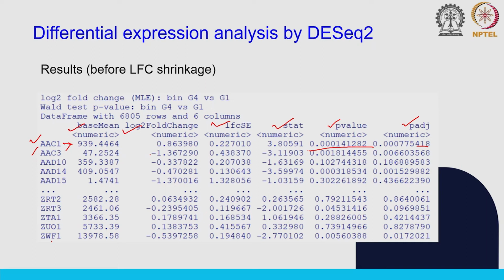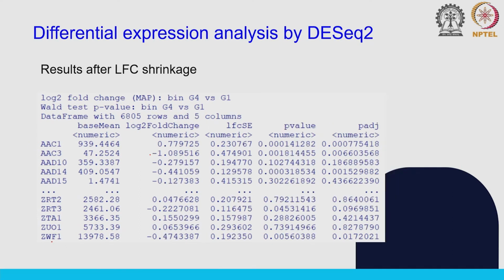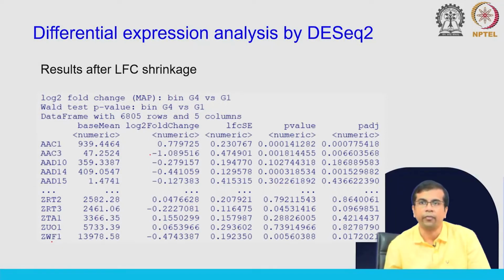So, we have these results for all genes, and this is before LFC shrinkage. I have talked about LFC shrinkage and why we need to do that, and this is the result after LFC shrinkage. Here the statistic column is gone, because we usually do not use that statistic much. We are more interested in the p value, p adjusted, and the log fold change.